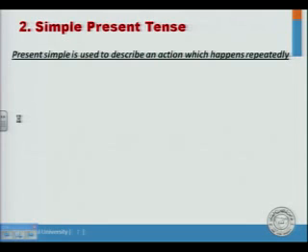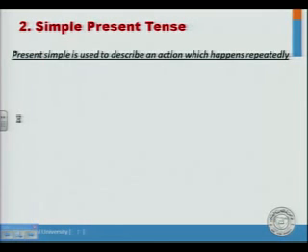I describe an event or an action which happens every day, like the sun rises every morning, like Muslims pray 5 times a day. So every day Muslims pray 5 times. Okay.